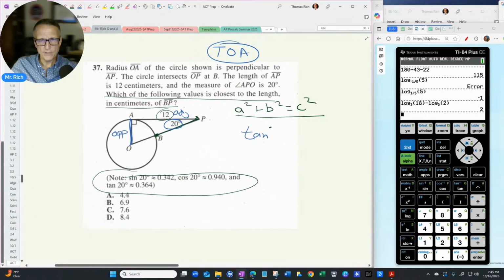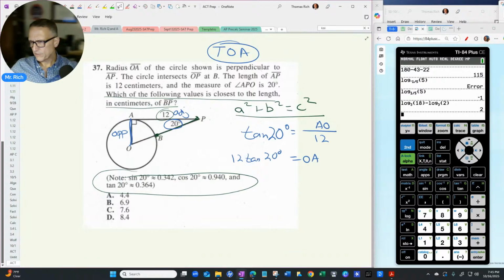The tangent of an angle, in this case 20 degrees, is equal to the ratio of the opposite side, which is AO, the length of AO, divided by 12. So AO is going to be equal to 12 times tangent of 20 degrees.